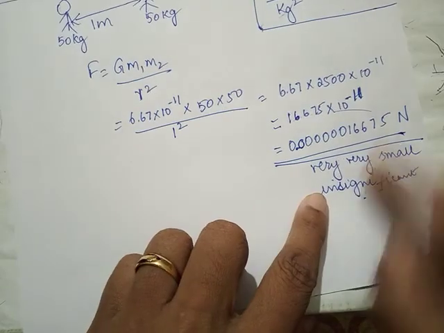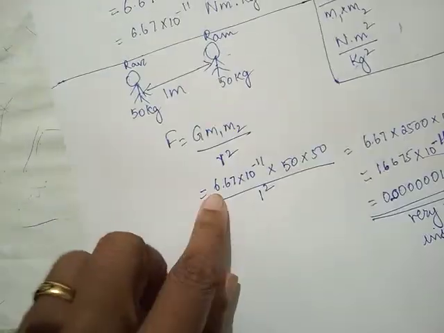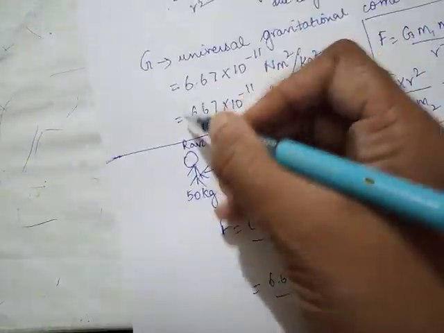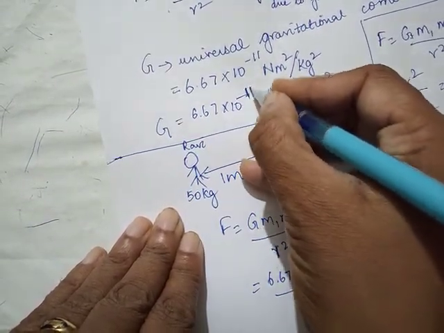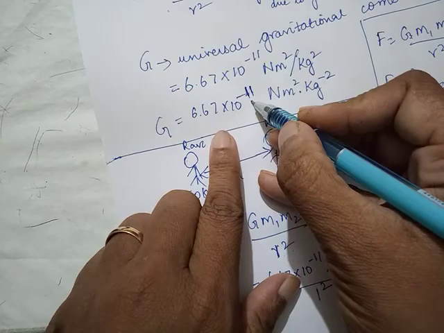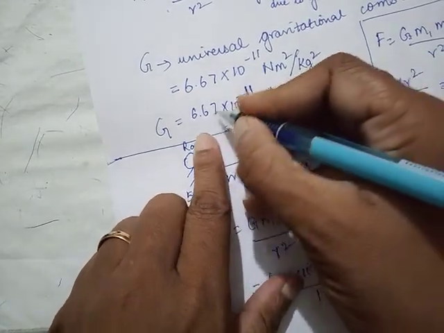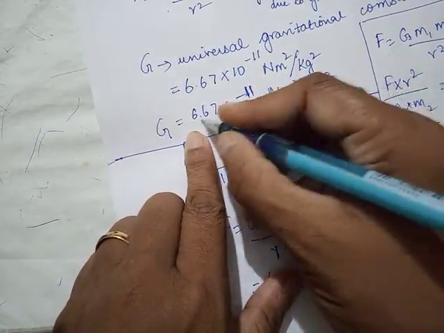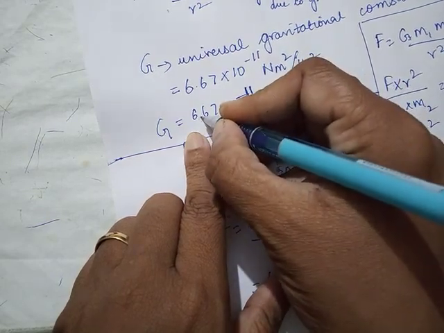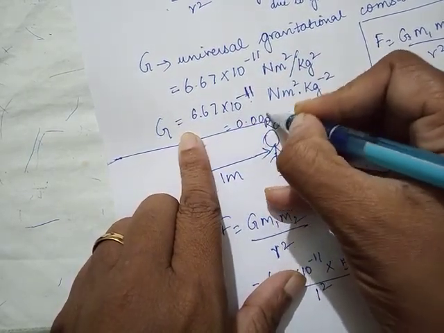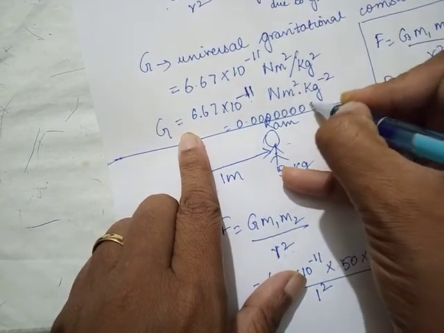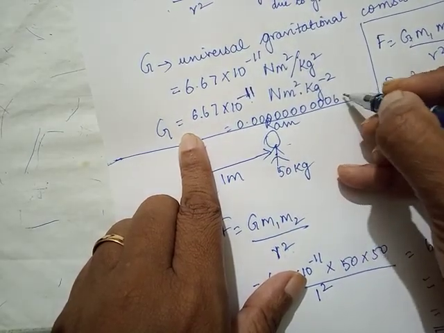Mainly this is because, if you see, the value of G is very small. See, 10 power minus 11 means it is very, very small. If I write this in decimal, then I have to put 10 zeros before this. Are you able to imagine? 1, 2, 3, 4, 5, 6, 7, 8, 9, 10, 6, 6, 7.